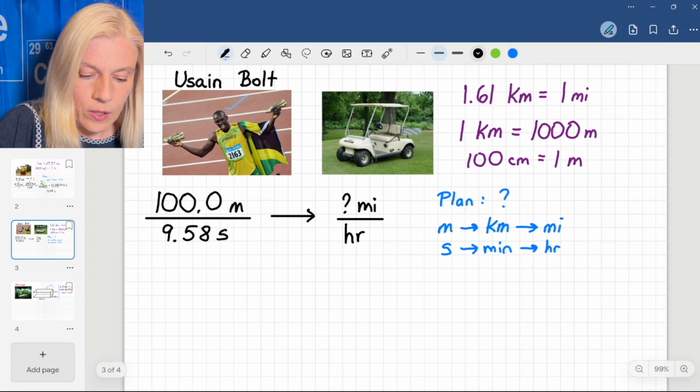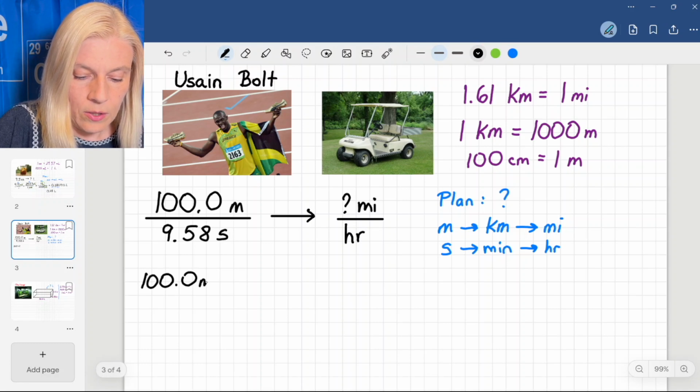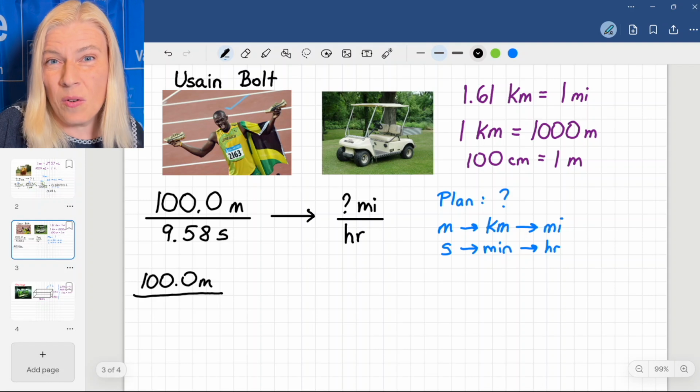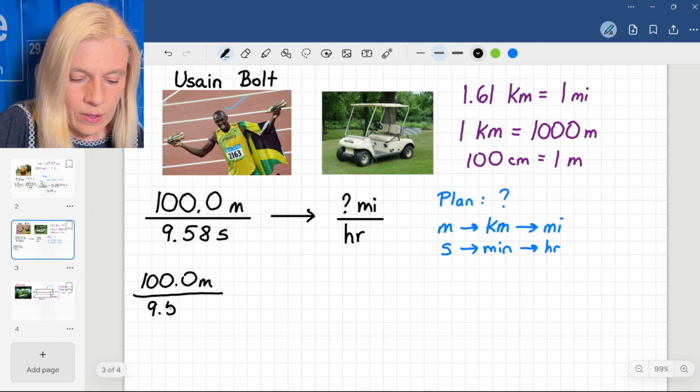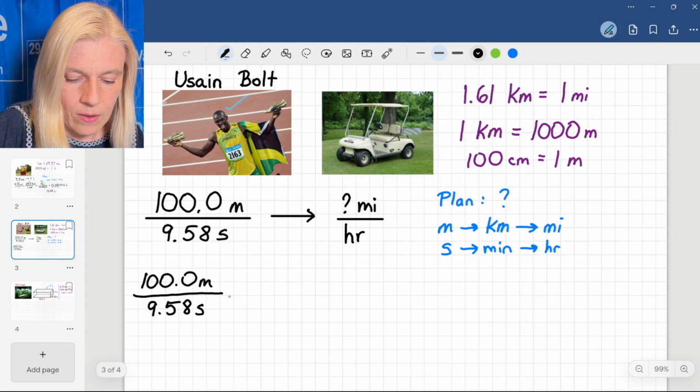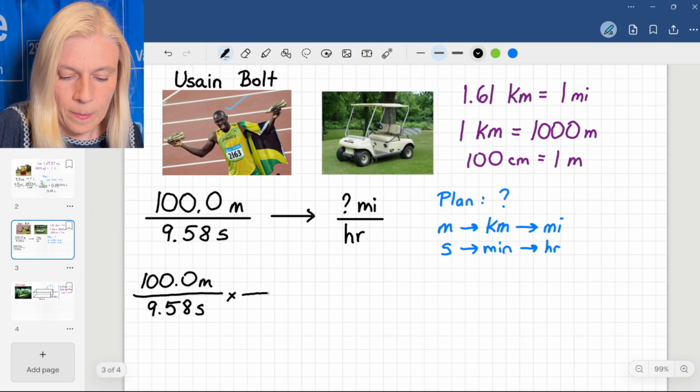So let's do it. We have 100 meters. Now this is no longer over 1, and that's okay. In 9.58 seconds, okay, units of length, remember.